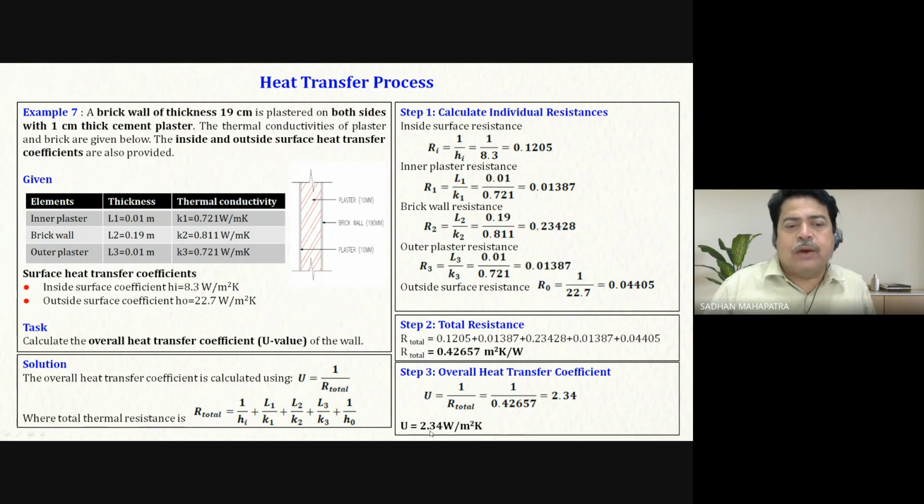So the U value for this particular brick wall is 2.34 watt per meter square Kelvin. Your job is to see whether you can manipulate this number, or reduce it by putting in insulation, making the wall thickness higher, or using a different kind of painting, and that's the engineering interest.